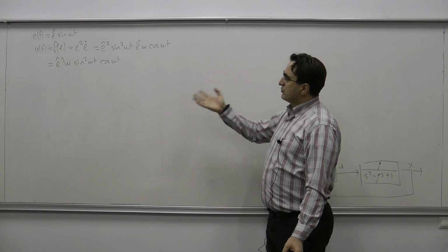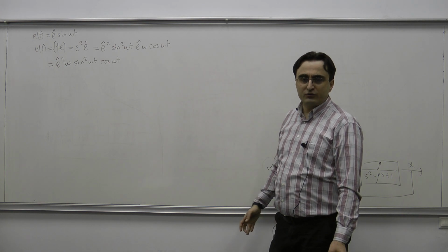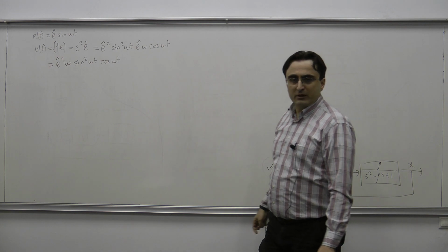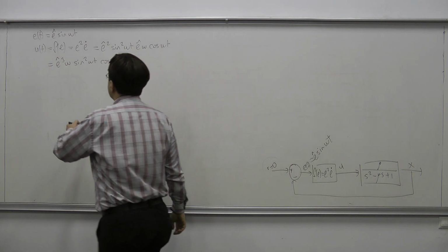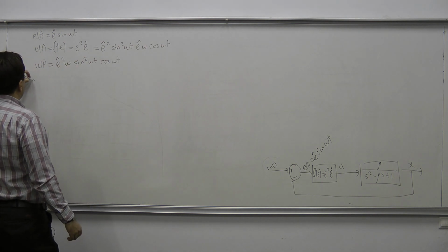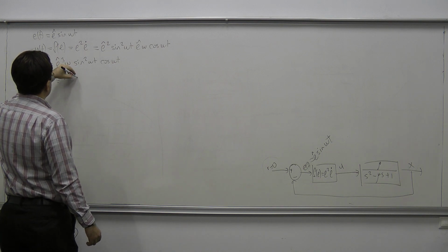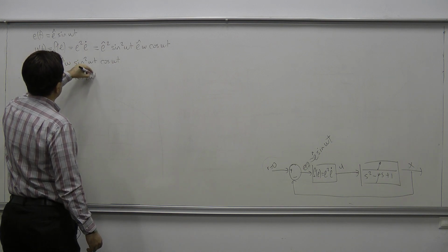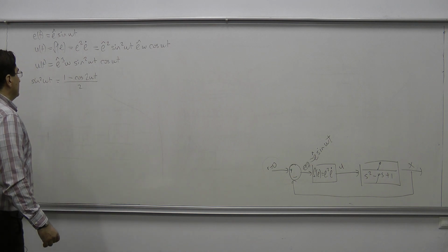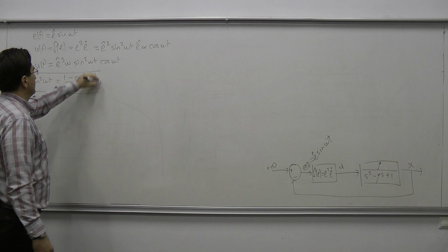But here I'm not going to do it, and I'm going to try to expand this into its Fourier series expansion using some analytical trigonometric manipulations. So the first thing I'm going to do is use the fact that sine square omega t is nothing but 1 minus cosine 2 omega t over 2. I can replace sine square omega t with this.